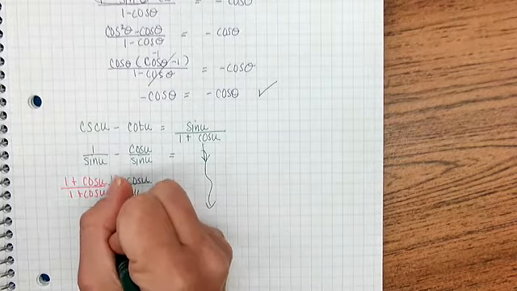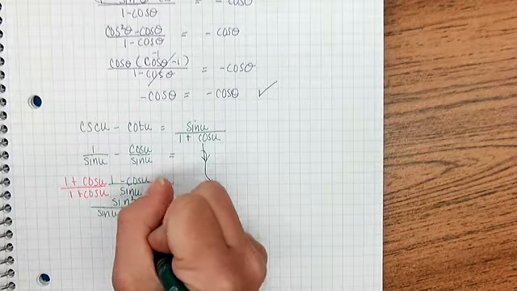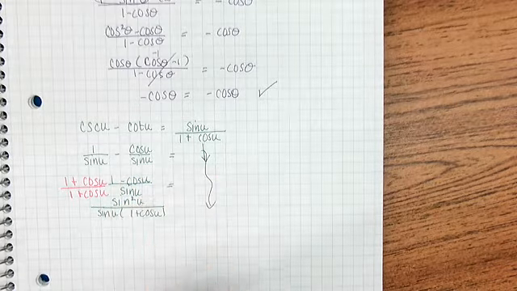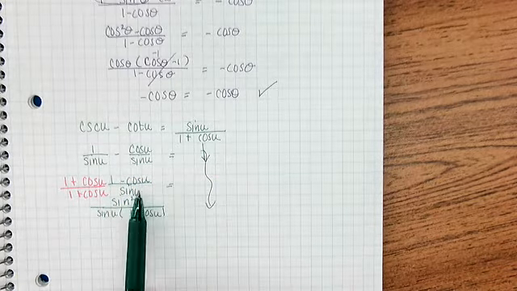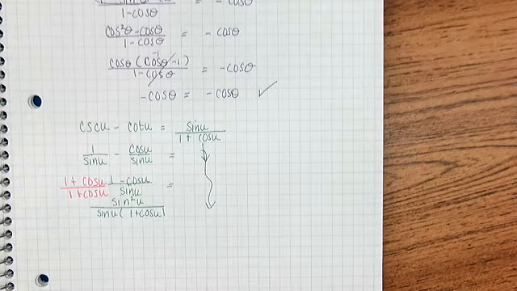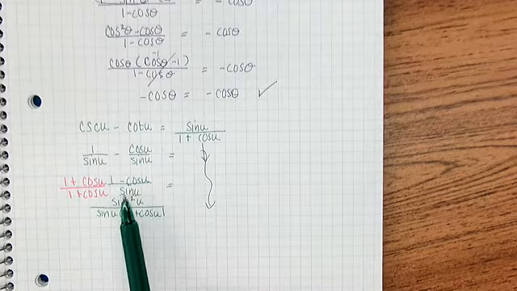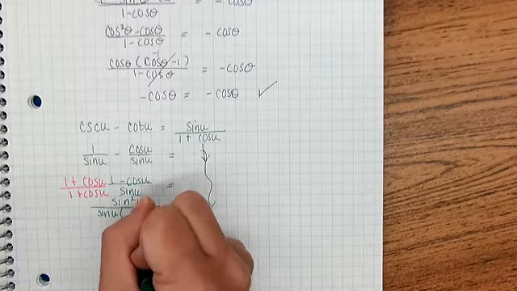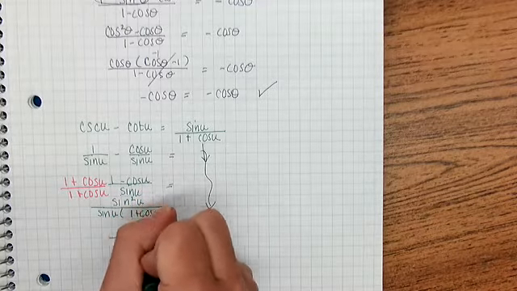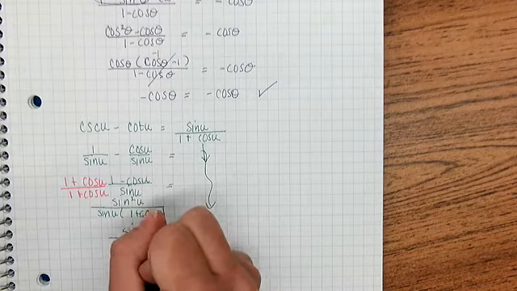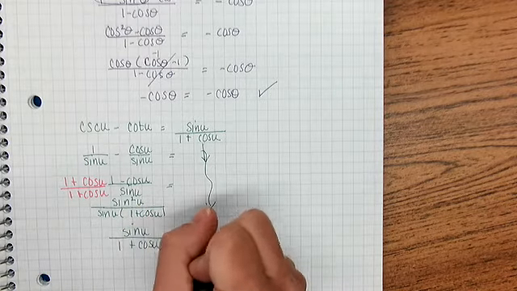Sine, 1 plus cosine. I just rewrote this as sine times 1 plus cosine. Sine squared in the numerator, sine in the denominator, reduce. And you are indeed left with the sine of u over 1 plus the cosine of u.